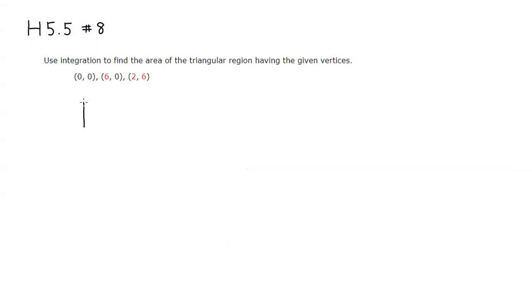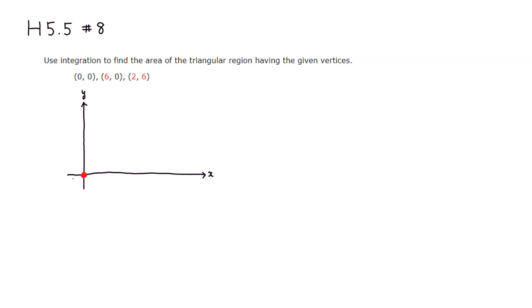So here is the y-axis. Here's the x-axis. The first point is at (0, 0), which is at the origin, right here. Maybe I'll use red here, so it's easier to see.